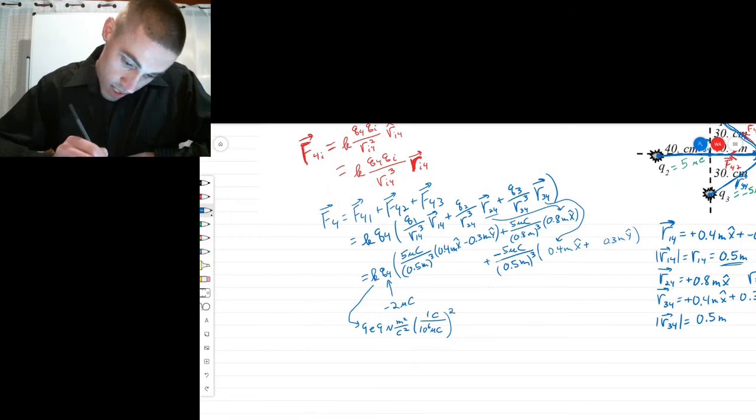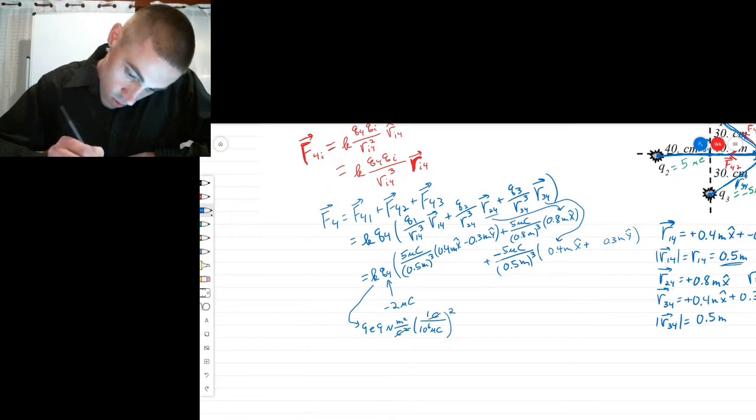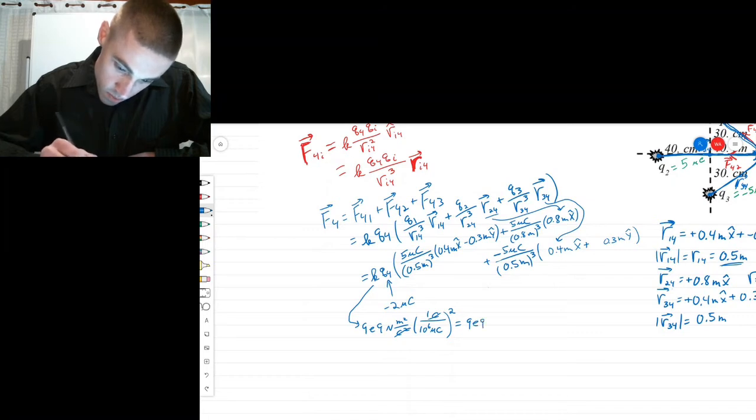And if I square that, then I can get rid of this coulomb squared in the denominator here. And 9 times 10 to the 9th is going to then be 9 times 10 to the 9th Newton meters squared times 1 over 10 to the 12 microcoulomb squared.